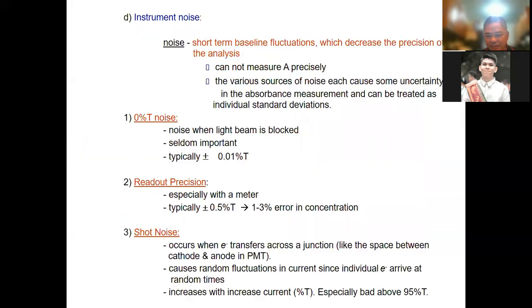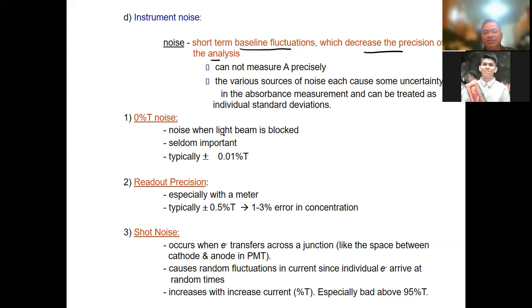Now the next one, I think this is true not only for absorption but in all spectroscopy methods, yung tinatawag natin instrumental noise. Okay? So when we're talking about noise, this is the short-term baseline fluctuations which decrease the precision of the analysis.